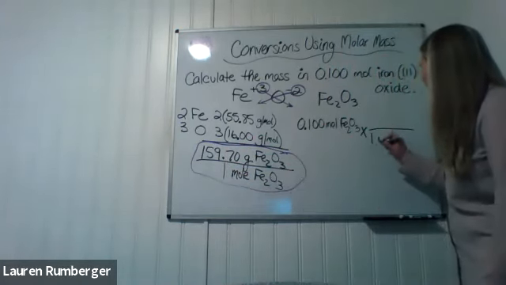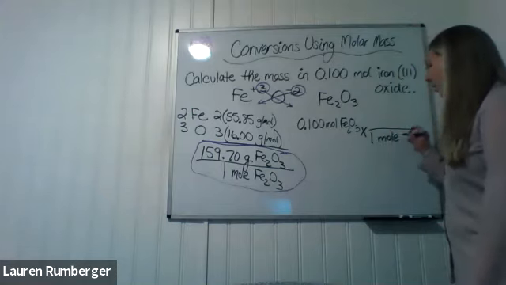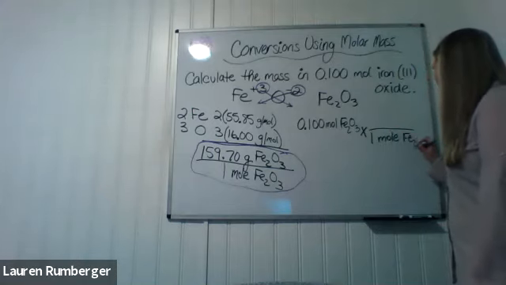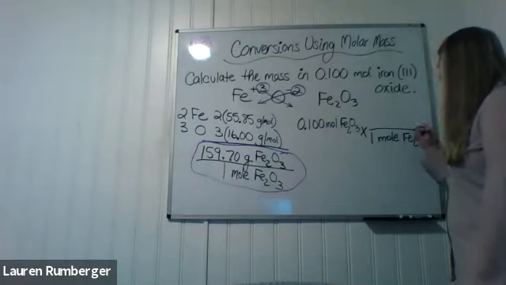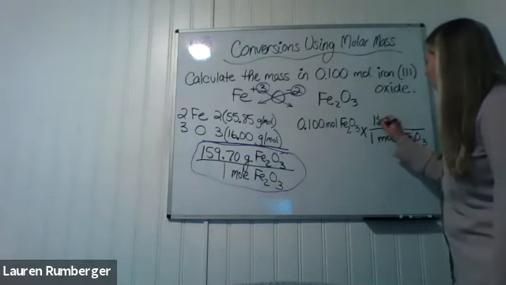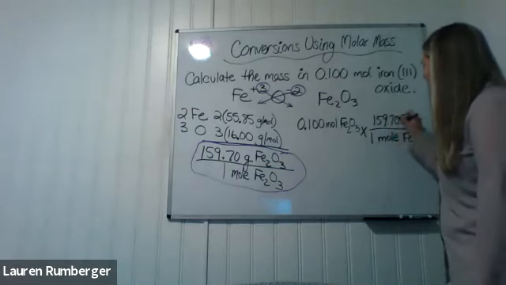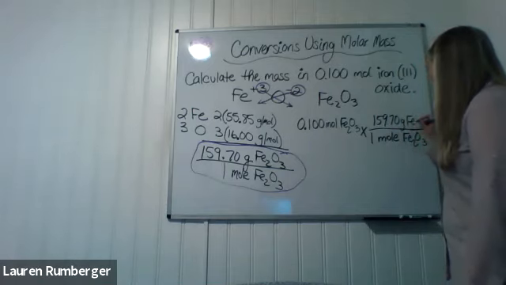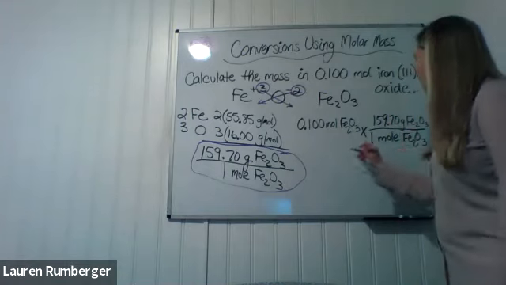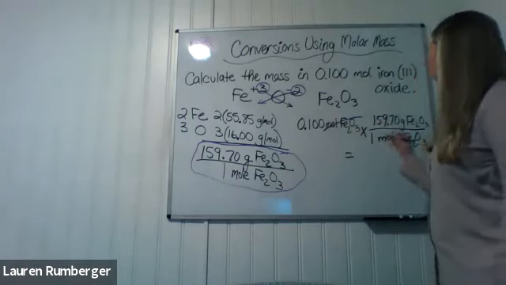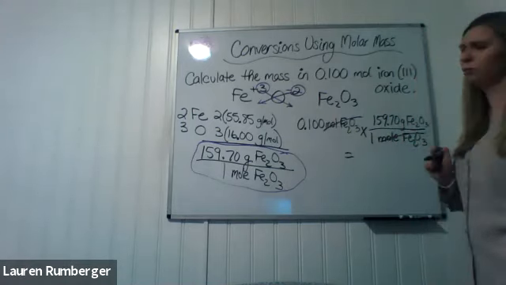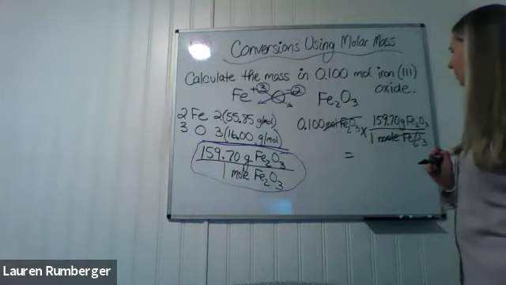We're going to put 1 mole of iron 3 oxide on the bottom and 159.70 grams on the top. Now we cancel our units of moles and we're left with grams of iron 3 oxide.